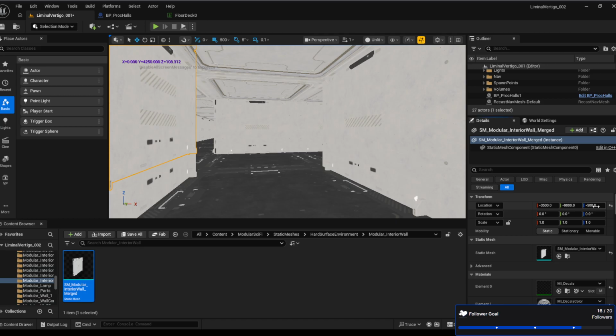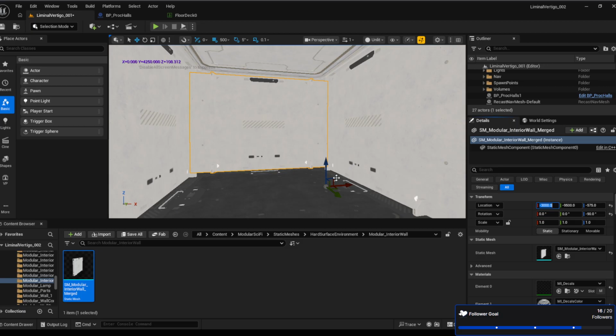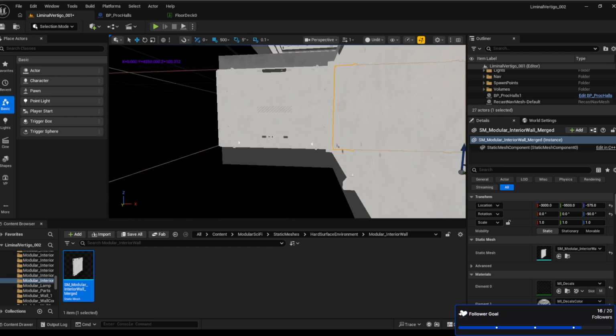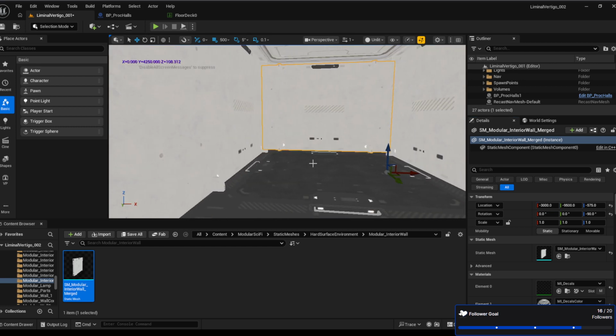At negative 75, 575. Let me see, is it negative 9500? I need this negative 90. Negative 300. Okay, that's what needs to be blocked off. Not negative 3,500, but negative 3,000.